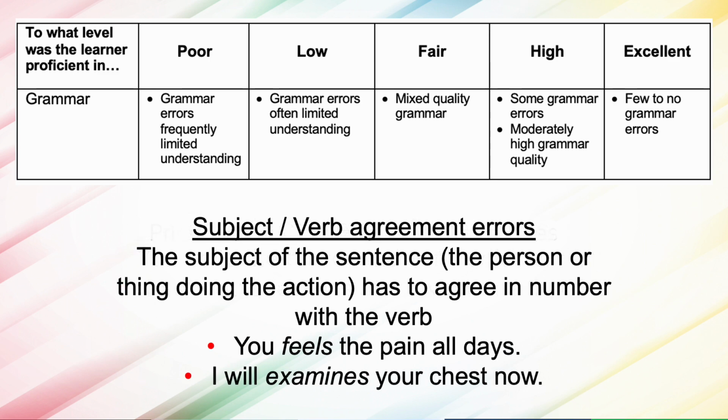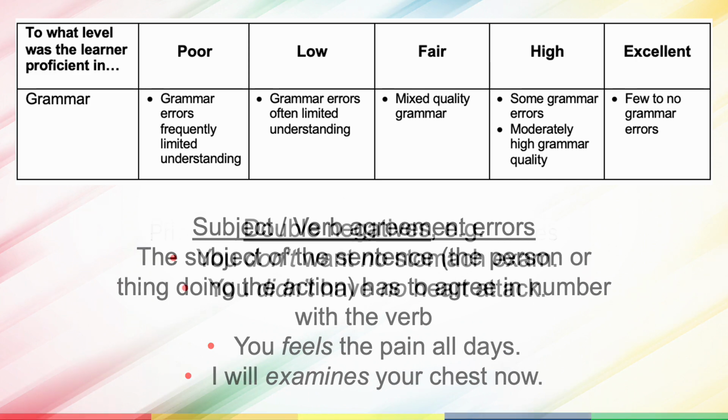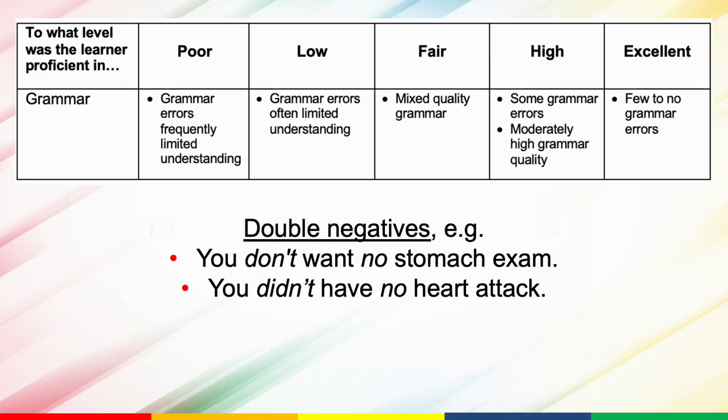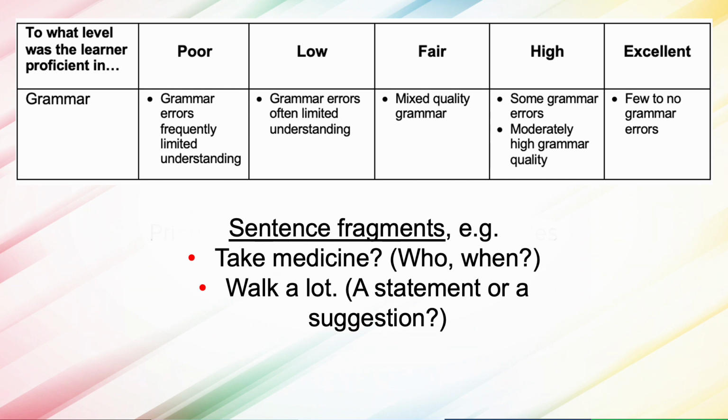Another issue with grammar are subject-verb agreement errors, where the subject of the sentence has to agree in number with the verb. You also want to pay attention to their use of double negatives, which work in some languages, but not in English. And finally, under grammar, pay attention to whether or not they're speaking in complete sentences or sentence fragments.